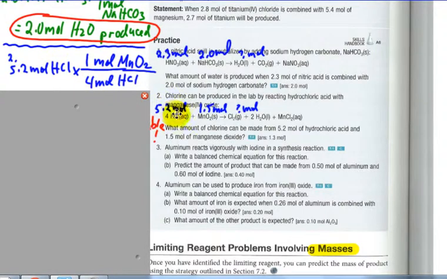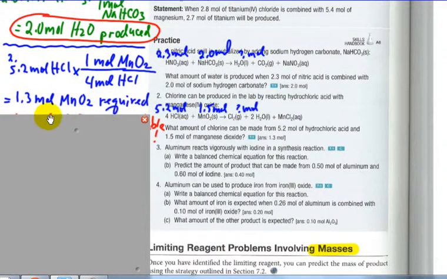5.2 moles of HCl, and we can see here it's a 4-to-1 ratio. So 4 moles of HCl will be required to react with 1 mole of MnO2. So that works out to be 1.3 moles of MnO2 required. After, of course, I can cancel this off. And if we look here, how much MnO2 do we have?